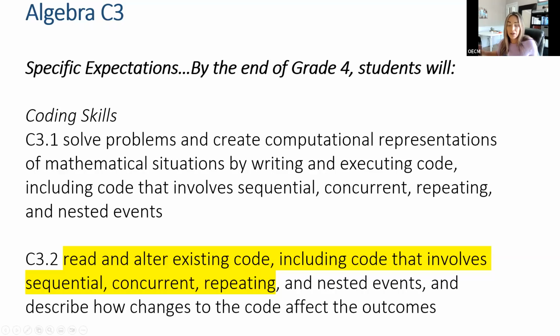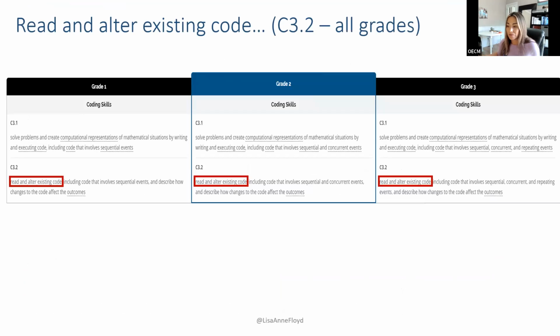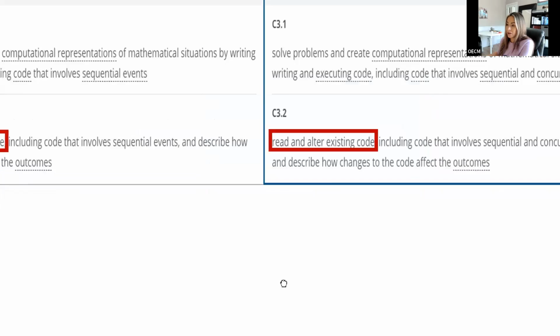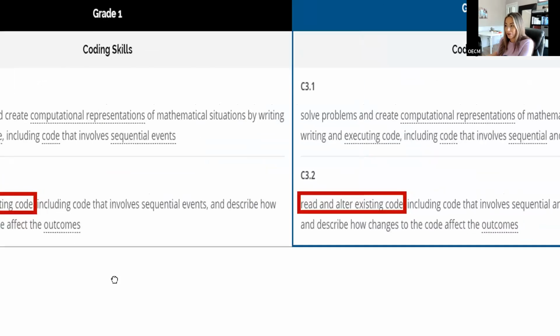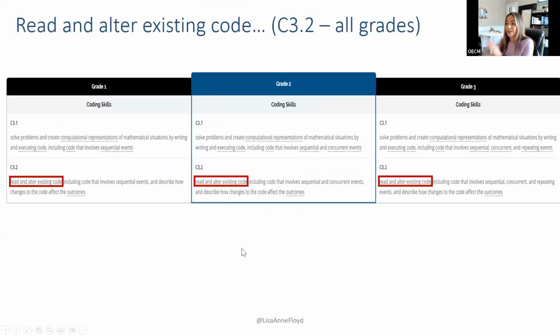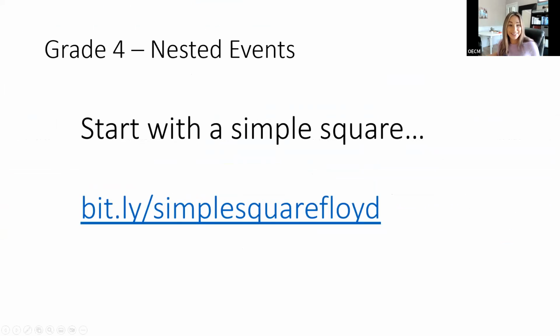It saves you time. You're not having to mess around with a whole bunch of blocks. They get right into the coding and then they can alter it. And those that want to play around a little bit more have that flexibility as well. And you can see, it's really small, I know, but grade 1, grade 2, grade 3, and all the way to grade 8, reading and altering existing code.